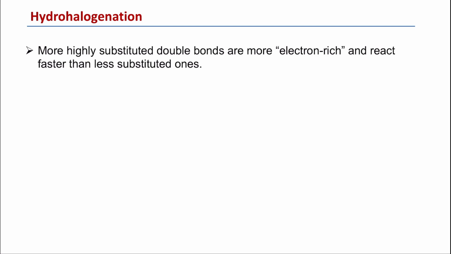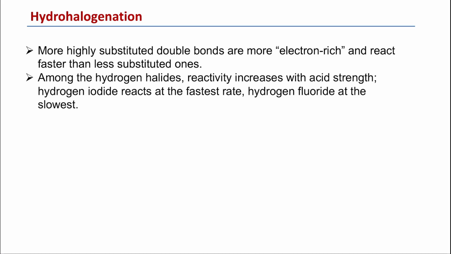When we look at the reaction kinetics, you can find that more highly substituted double bonds are more electron rich, and the reaction will proceed faster than with the less substituted one. In the case of hydrogen halides, the reactivity will increase with the acid strength. So the more highly acidic the hydrogen halide, the faster the reaction.